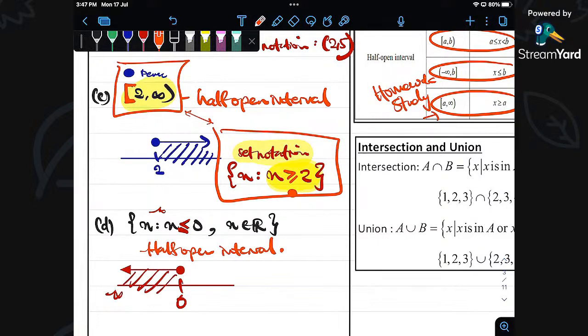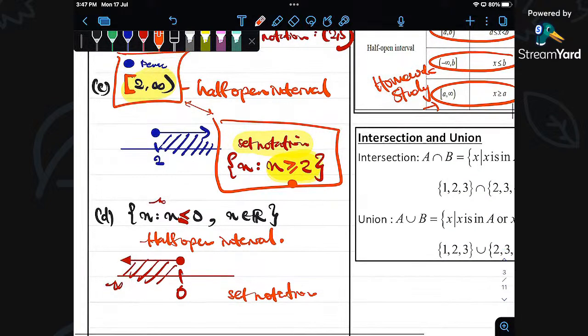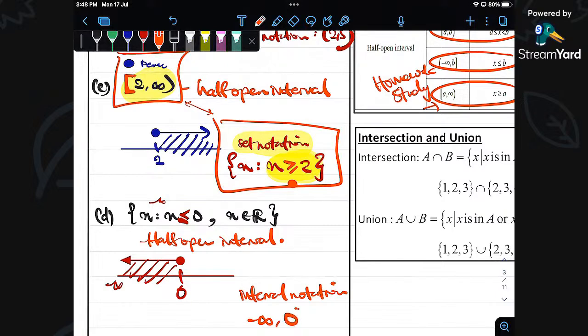Kenapa dia dipanggil sebagai half open? Sebab notation dia, kalau you tengok saya tulis, you will see the interval notation. If you see the interval notation, dia akan berjumpa dengan negative infinity until 0, where 0 is included, but the negative infinity tak mungkin included.